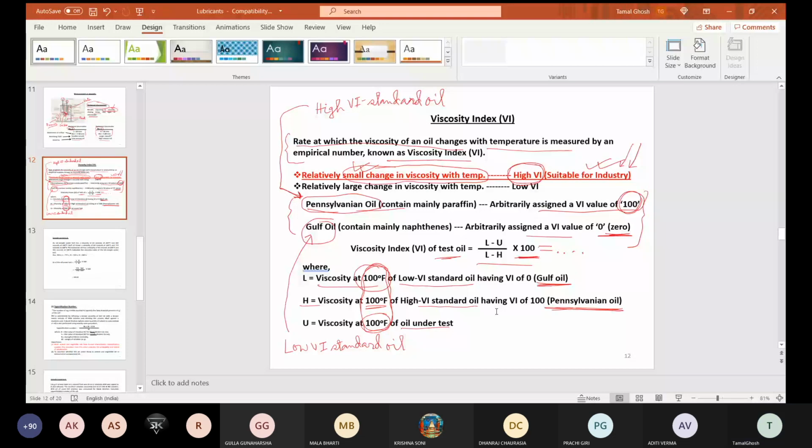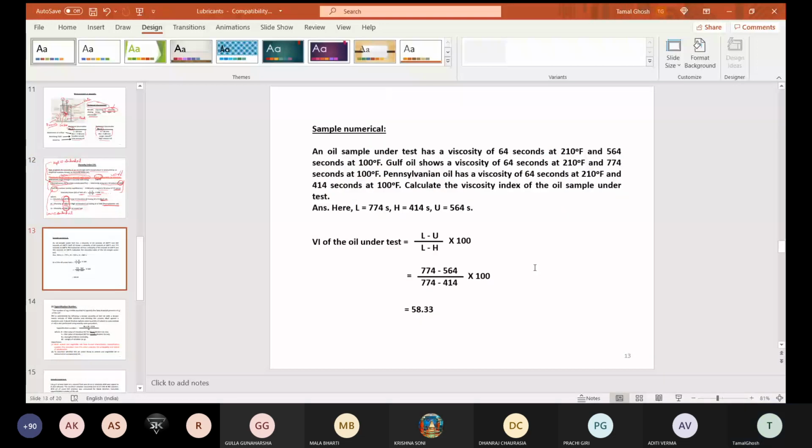You can see here two data are given. The oil sample under test has a viscosity of 64 seconds at 210 degree Fahrenheit and 564 seconds at 100 degree Fahrenheit.